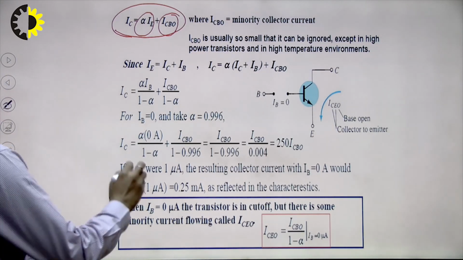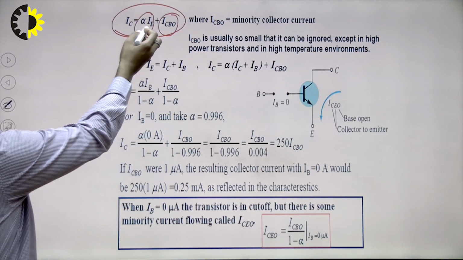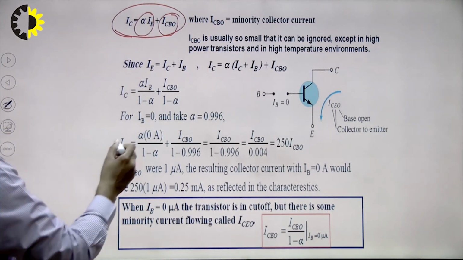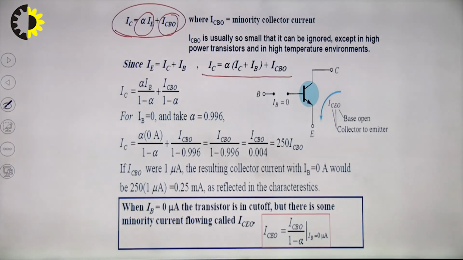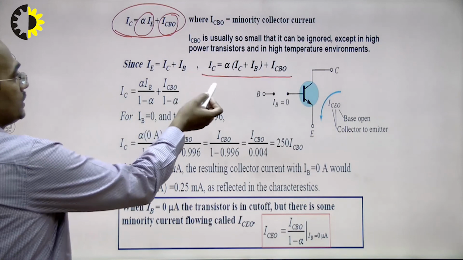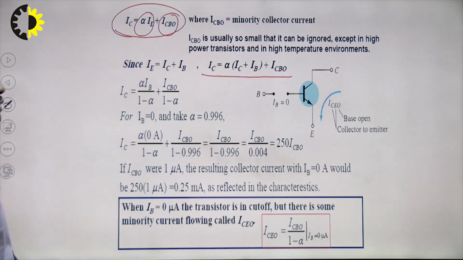We can rewrite this equation, with IE equal to IC plus IB. So you get IC equal to alpha times IC plus IB plus ICBO. Transferring terms, we get 1 minus alpha times IC equal to alpha IB plus ICBO.